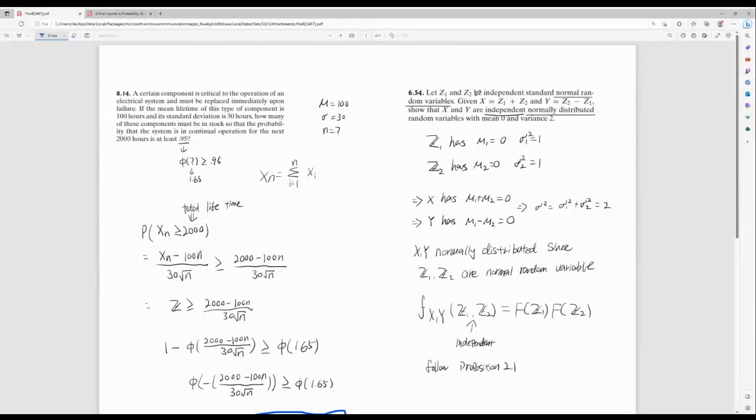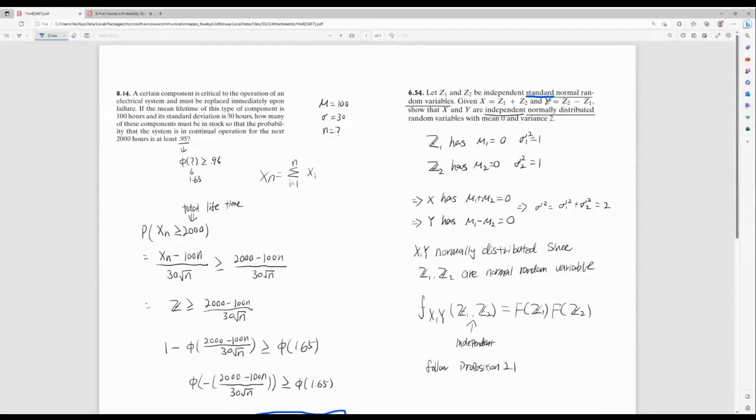Since Z1, Z2 is standard, that means the mu for Z1 is 0. Also for Z2 is also 0. And the variance for Z1 is 1, Z2 is also 1. And to calculate the mu for X, we just add those two. So mu1 plus mu2, that would be the mu for the X. So it's 0.